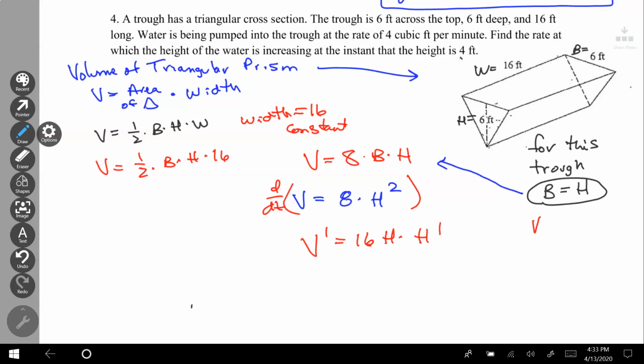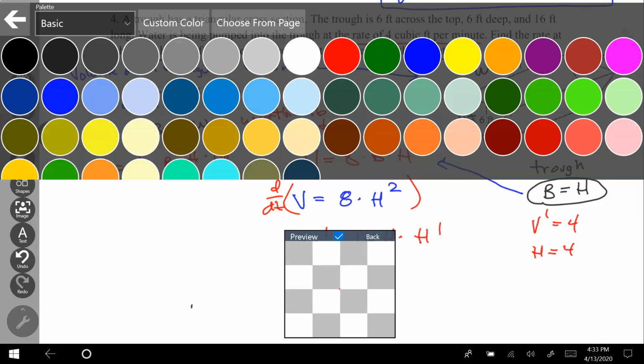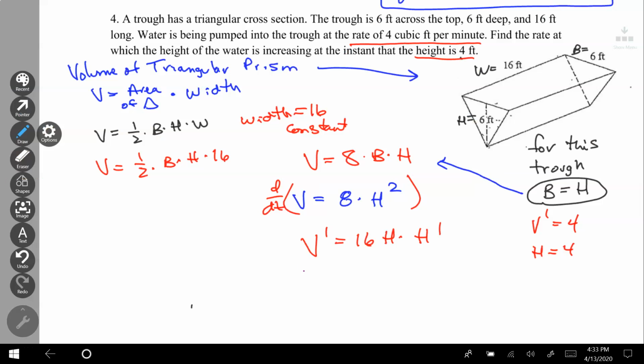Well, I know my v prime is equal to 4, since water is being pumped in at a rate of 4 cubic feet per minute, and when the height is 4, I could put in 4 is equal to 16 times 4 times h prime, which is 64 h prime.